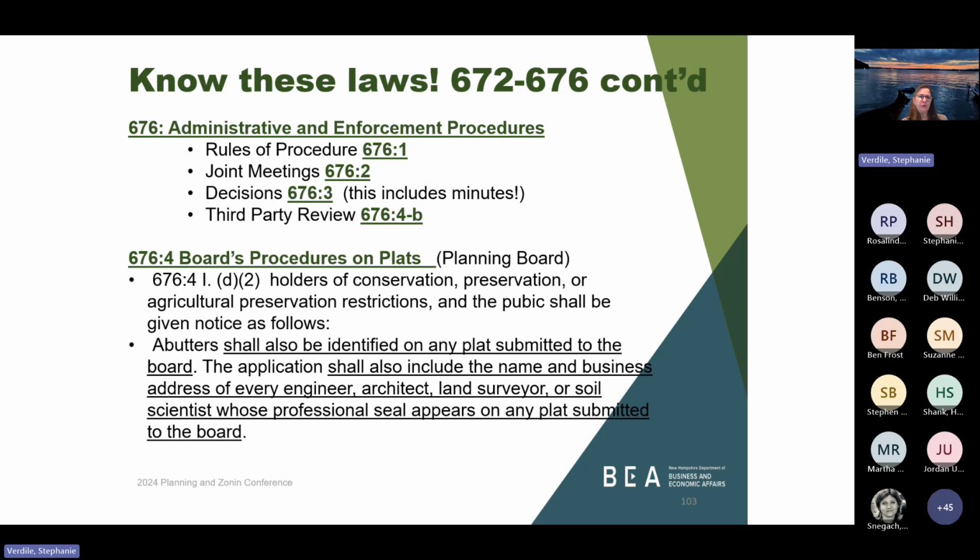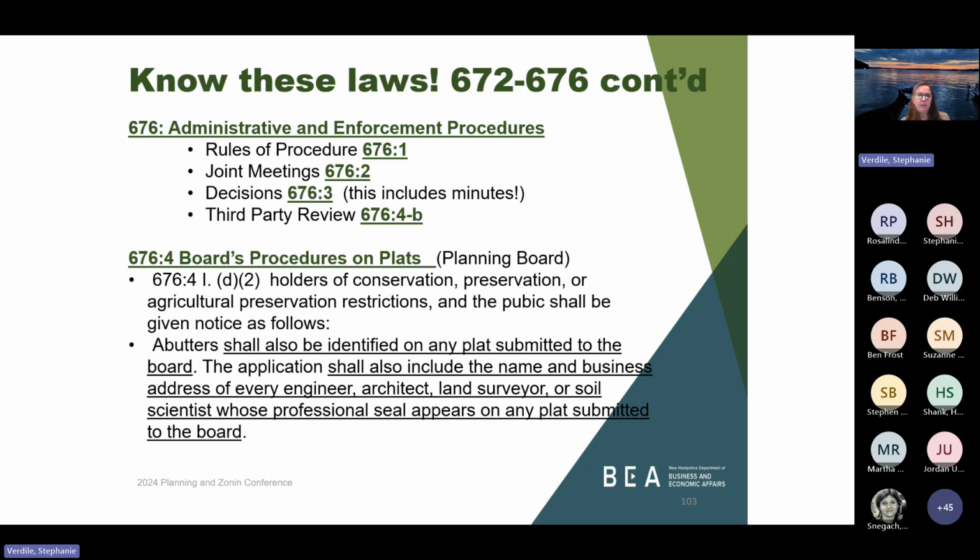676:4 goes down to, again, notification, and it's a little bit similar to 91-A. But 676:4, I, (d)(2) says that for notification, holders of conservation, preservation, or agricultural preservation restrictions and the public shall be given notice as follows. And an abutter shall be identified on any plat submitted to the board. The application shall include the names, businesses, and addresses of every engineer, architect, land surveyor, and soil scientist whose professional seal appears on any plat submitted to the board.